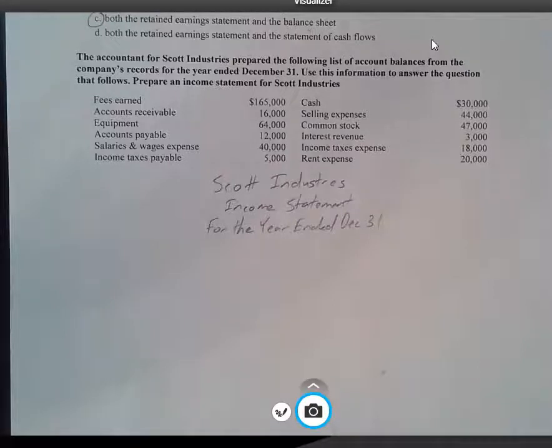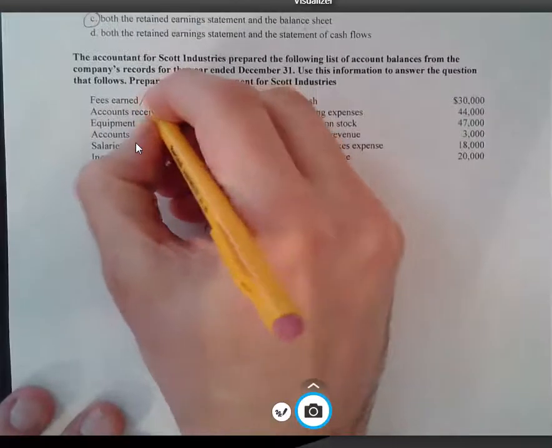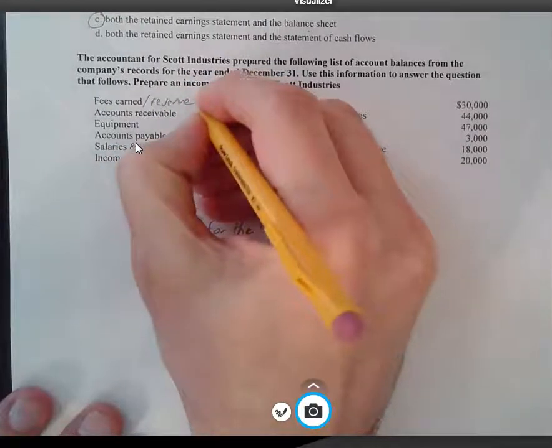So what do you think about this first item here, fees earned? Another word for fees earned might be revenue or revenues.